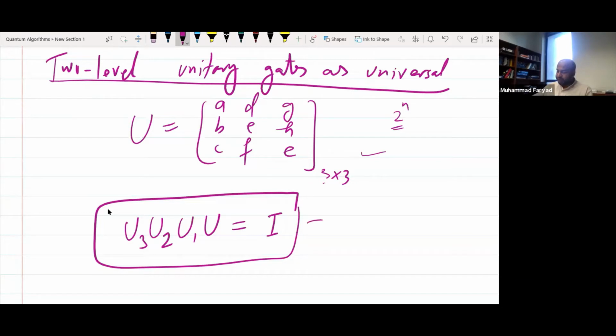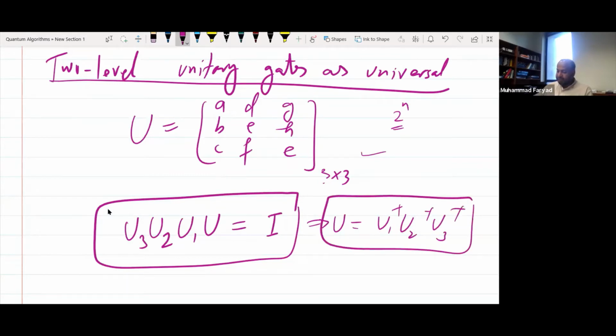Because once we have this, then I can write it by applying the inverse of U3 on both sides, and then inverse of U2, and then inverse of U1. We can show that this U is like this. And since this is two levels, so these complex conjugates are also two levels. So this will then show that this arbitrary unitary has been written as a product of these three two-level unitaries.